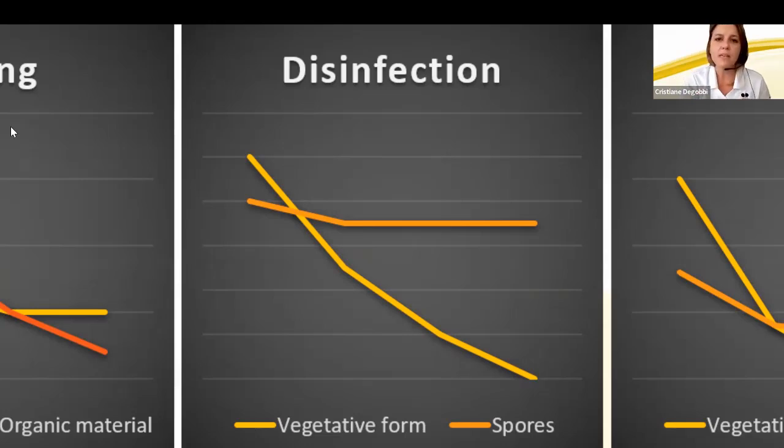Disinfection. Disinfection means that you're going to decrease, here I'm going to say, the vegetative form of bacteria or even microorganisms from the surface. The goal is to reduce to zero here, okay? The vegetative form is a free living form.